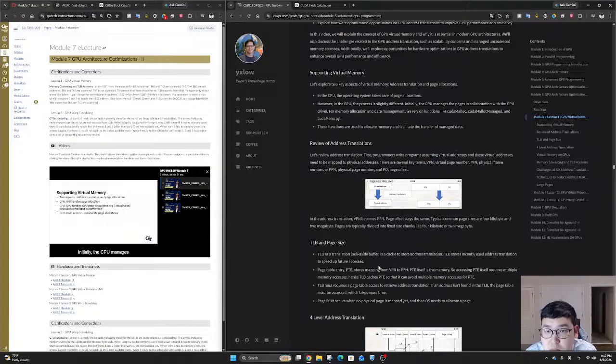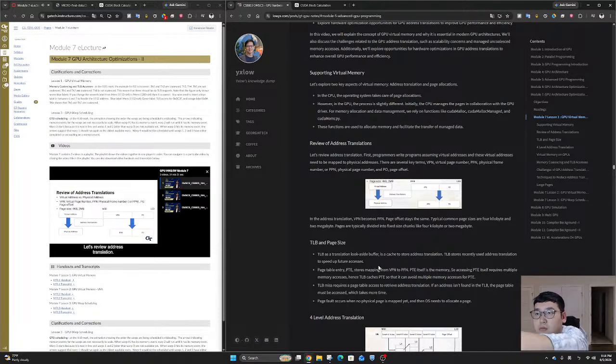Initially, the CPU manages the pages in collaboration with the GPU driver. For memory allocation and data management, we rely on functions like CUDA-malloc, CUDA-malloc-managed, and CUDA-memcpy. These functions are used to allocate memory and facilitate the transfer of managed data.